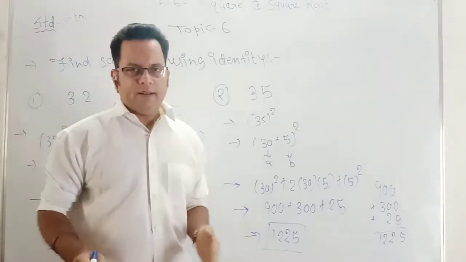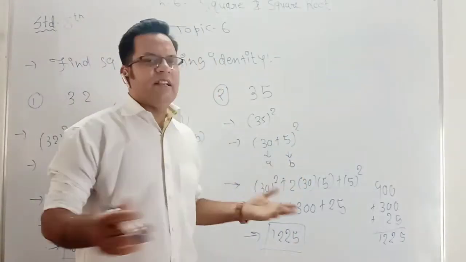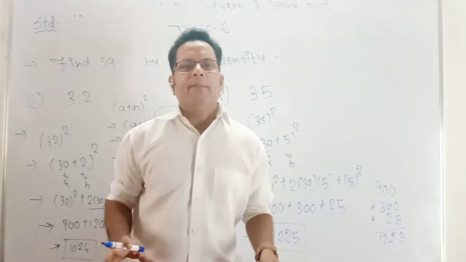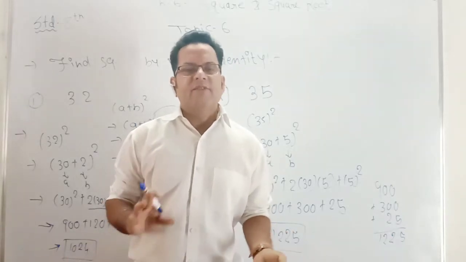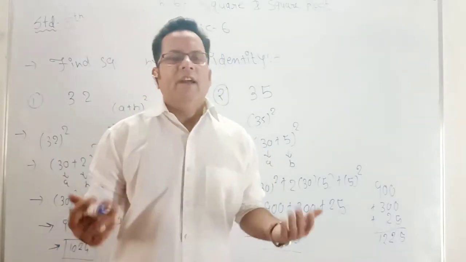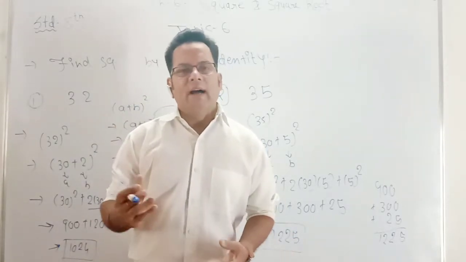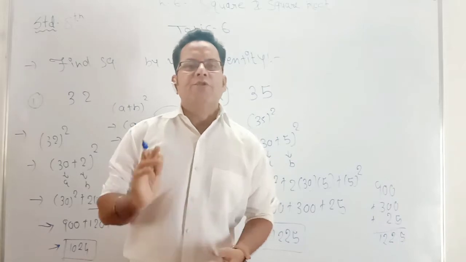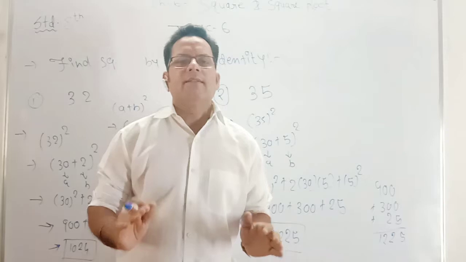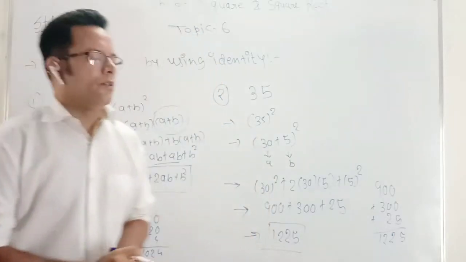Suppose here 35 is written, then you can write 20 plus 15 also. Answer will be same only. So remember, using identity, this way we can solve the sum. You have to be very careful when you are applying the identity. You should not be mistaken. You have to solve very calmly. This is a very easy method, students.